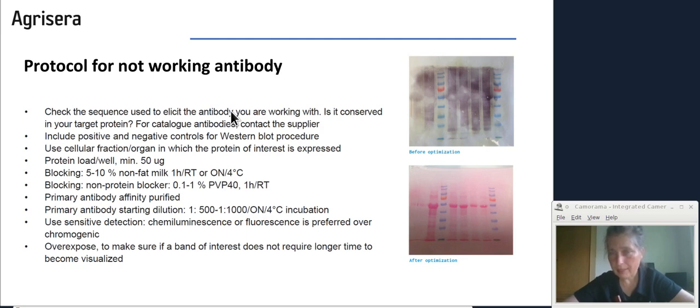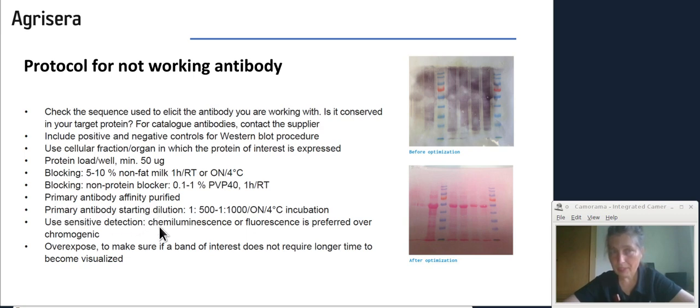For some antibodies, the type of membrane will have importance. As you saw, load per well can have importance. Blocking, type of blocker. Also, if an antibody is to a protein of low expression, it most preferably should be affinity purified.